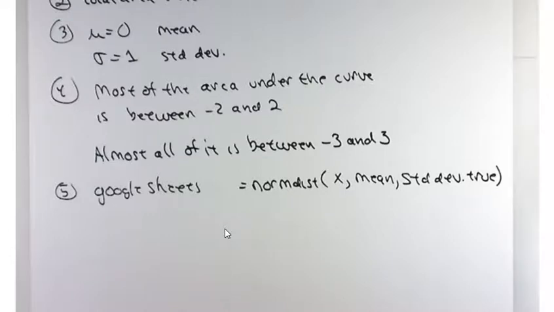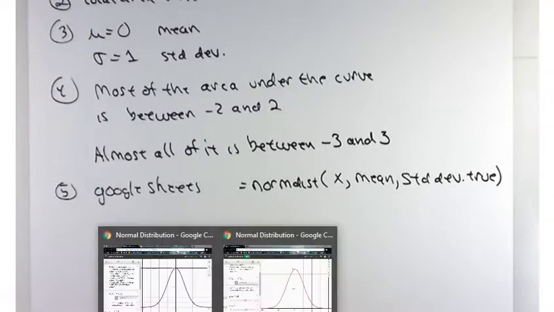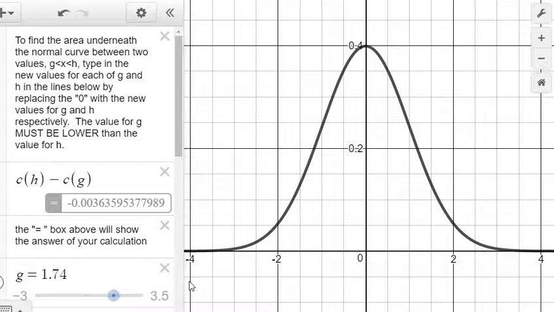But let's play around with this a little bit and start understanding some things at a basic level. So I'm going to go over to my little curve on Desmos and start showing you some things.